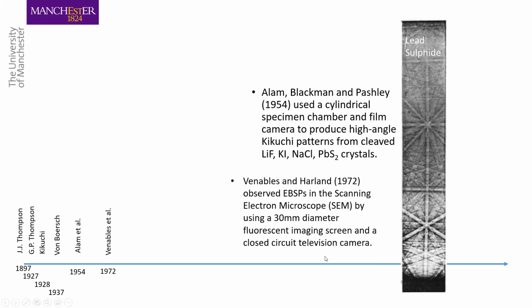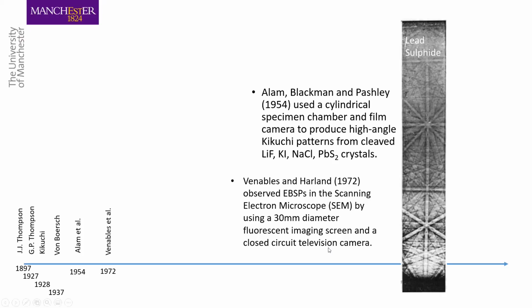And then Venables et al. observed these EBSPs using a fluorescent screen where the electrons would hit the screen and create light, which was captured on a closed circuit television camera. These patterns took a whole day to capture, maybe the film days, because someone had to go and develop the film.